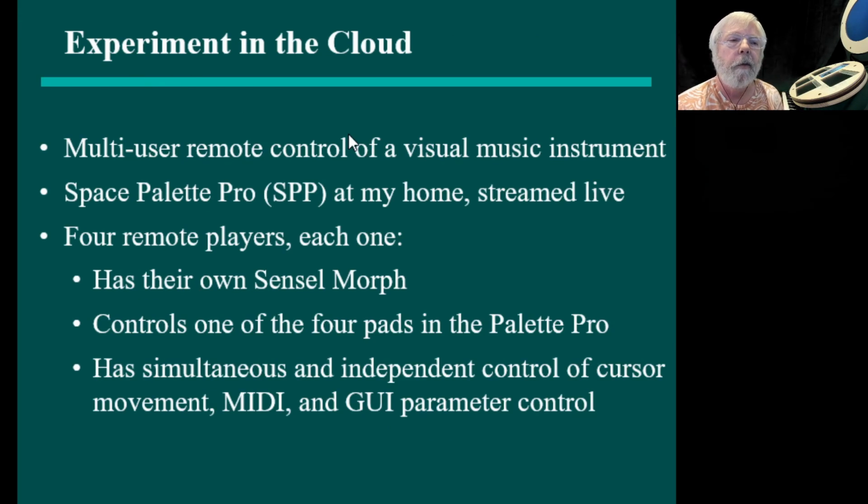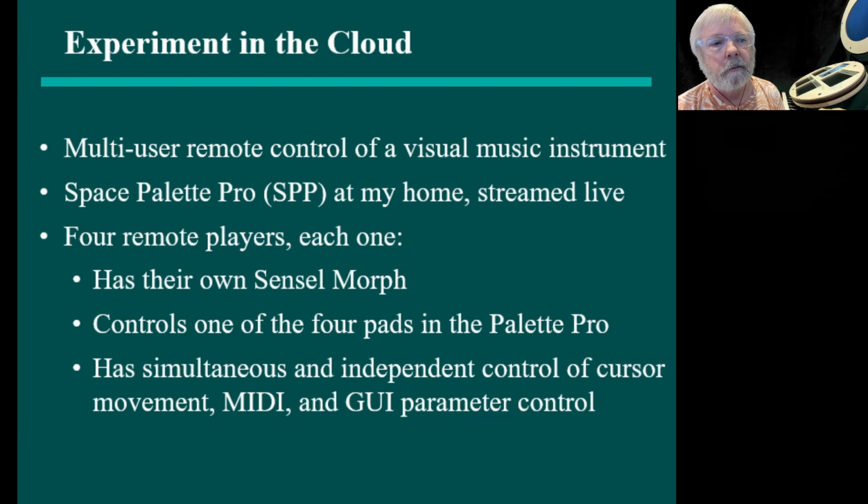So as I mentioned, the cloud and this NAT system enabled me to do this kind of experiment. A week or two ago, I ran an experiment where 4 friends each had their own Morph scattered around the country.